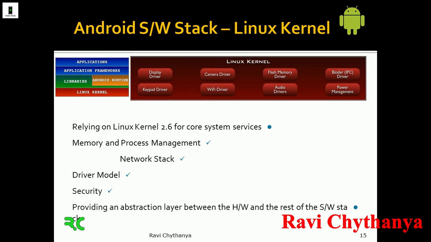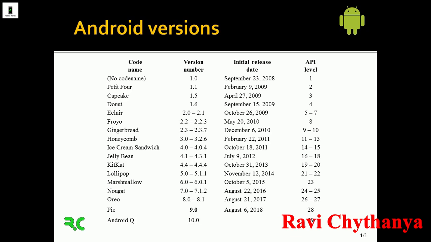Next, the Android versions which are available till now. There are so many versions we have seen, like Pie, Oreo, Nougat, and so on. The latest version which has been released is Pie, and the one to be released is Android Q. Pie's version number is 9.0, the API level is 28, and it was released on August 6, 2018.